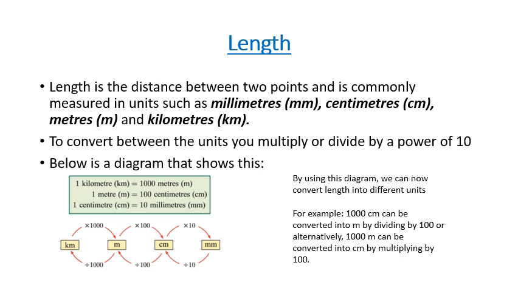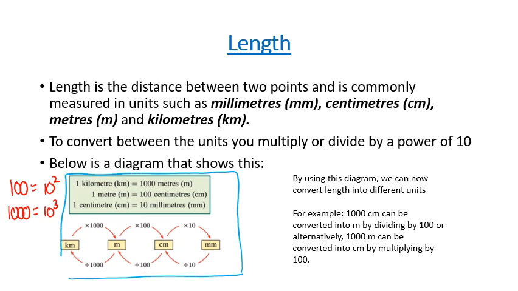Now obviously 100 is simply 10 squared, and 1000 is simply 10 to the power of 3. So there's a diagram that we can use to help us do this, and it's down here. It's got a table, and then it's got a bit of a flow chart that shows what we do.